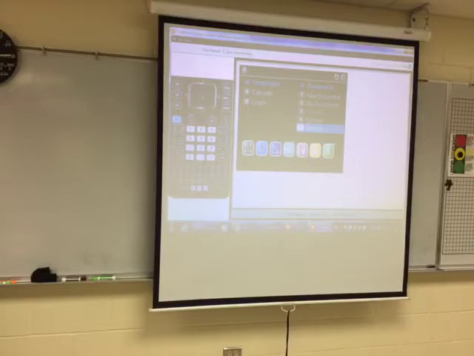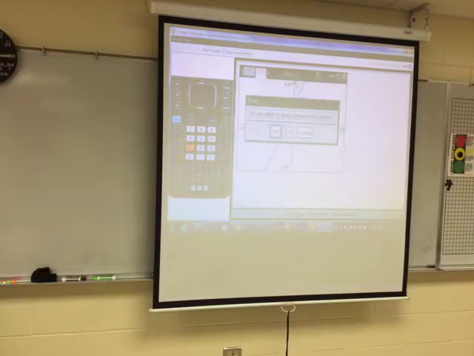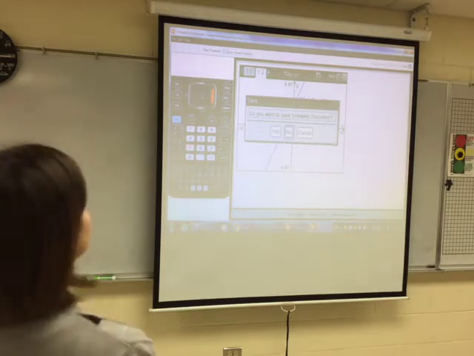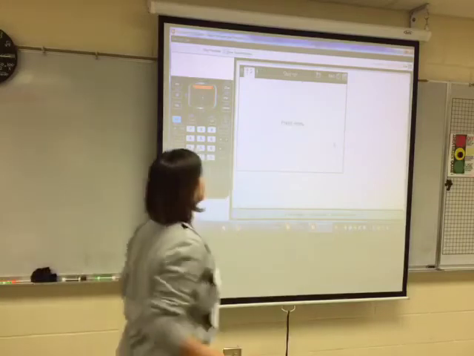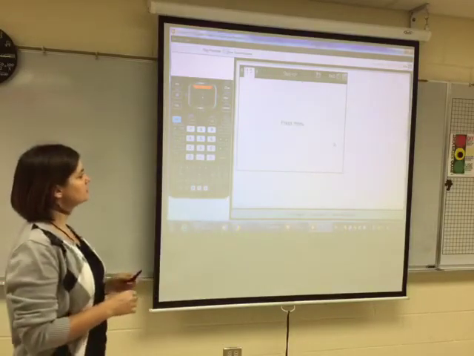So new document number 1, add a graphs page. So no, don't save if it asks you if you want to save. All right, so we're going to add a graphs page. So press menu.